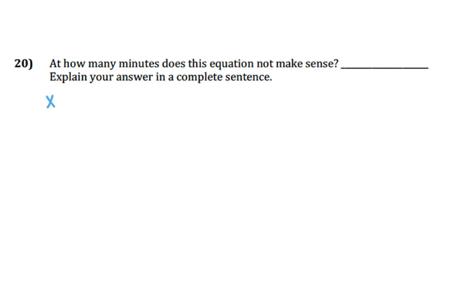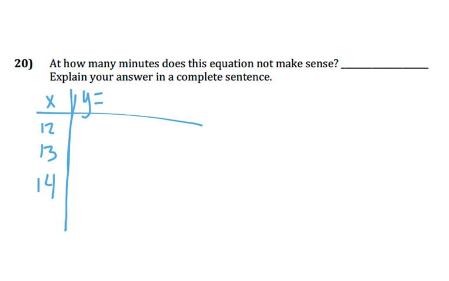If x is 12, then 13, and then 14, and we substitute these into our equation, so this is our y equals 80 times 0.8 to the xth power, we end up with some y values. And let's look at these and not round them so much. Let's round to the nearest tenth maybe.